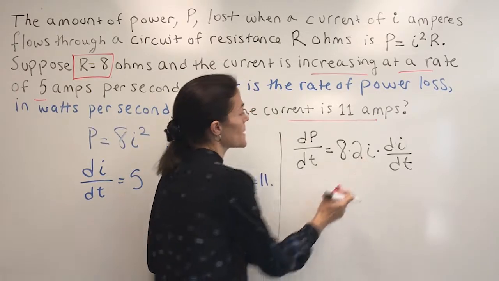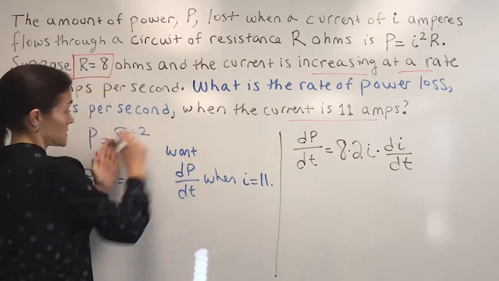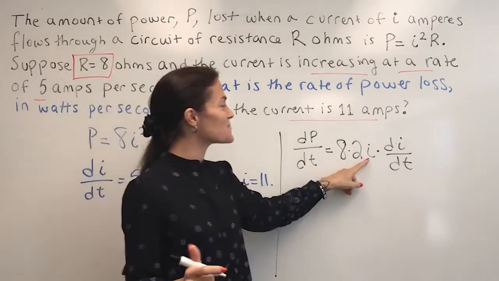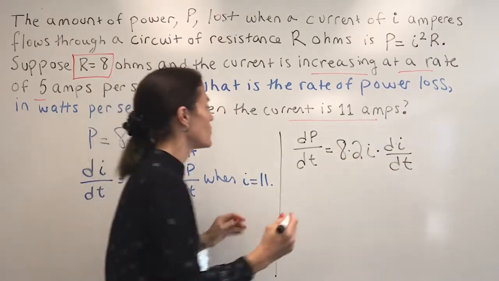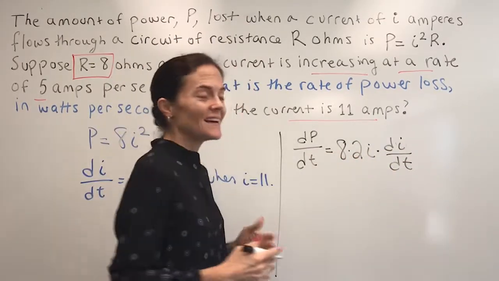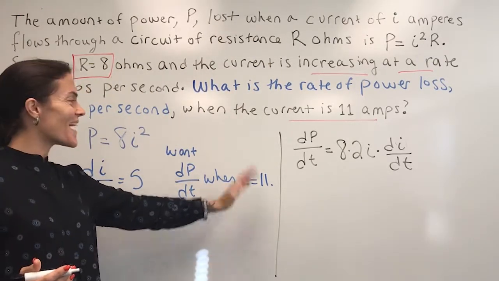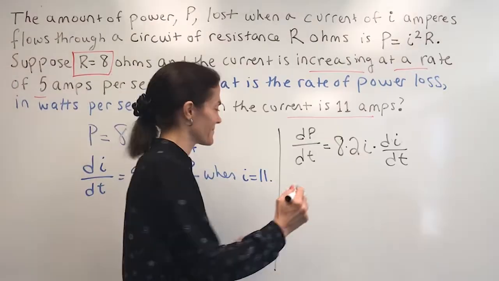So here this was the derivative of the outside function. The outside function is the square, and then leave the inside alone. That's this part, and then times the derivative of the inside function. This is the chain rule. And you see, all we need to do is fill in these numbers that we have, and we will have the rate of change. Okay.